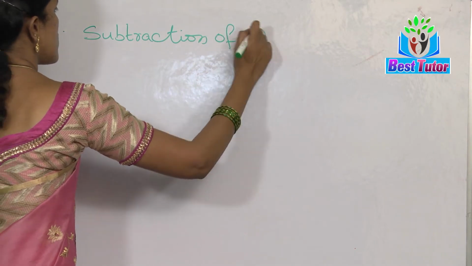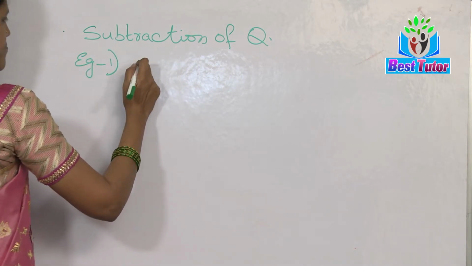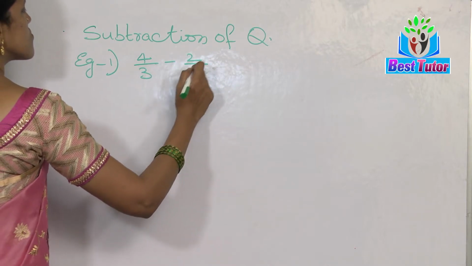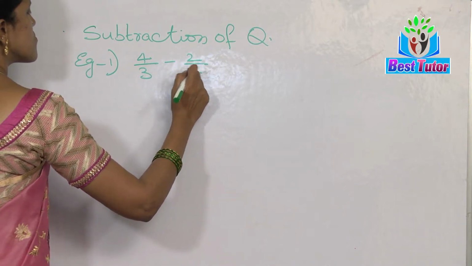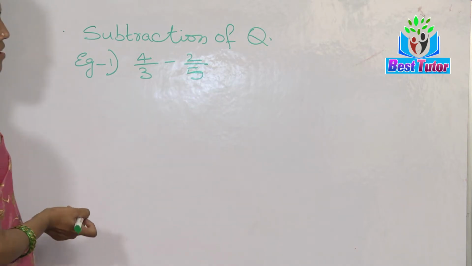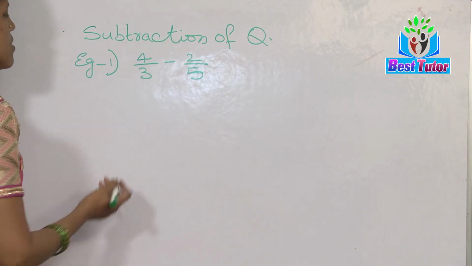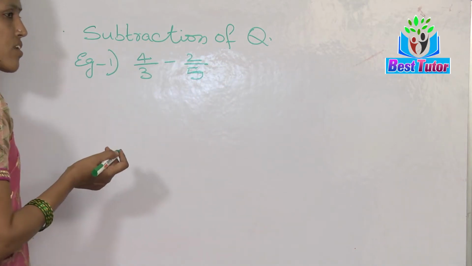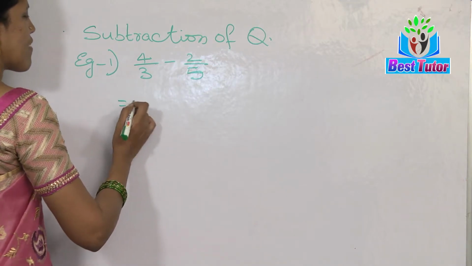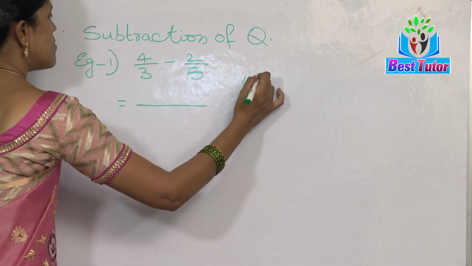Example 1. 4 by 3 minus 2 by 5. 4 by 3 is a rational number, 2 by 5 is a rational number. How do we subtract? The procedure remains similar to that of addition. Initially we have to find out the LCM. LCM of 3 and 5 is 15.